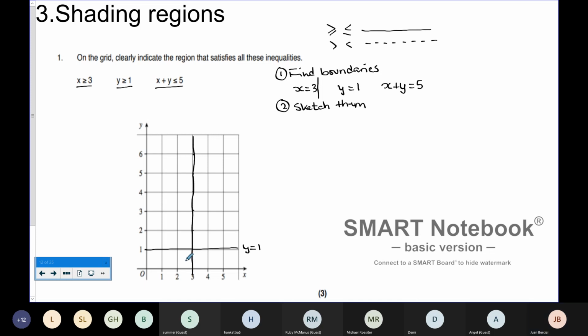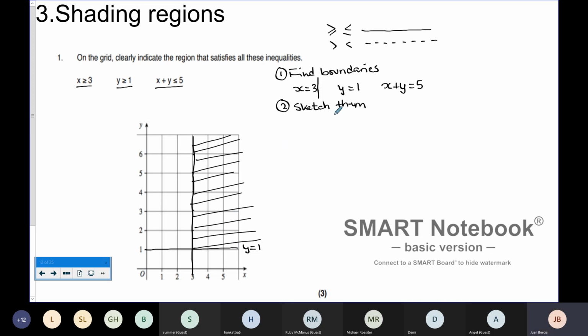Now, so we sketch the boundary, and what you can see is that x is greater than 3. So x can be 4, 5. So we are all right. So we can just shade everything that is there. We could shade that as well, but because I've been told that y is greater than or equal to 1, it means that I don't need to shade that because it's greater than or equal to 1.